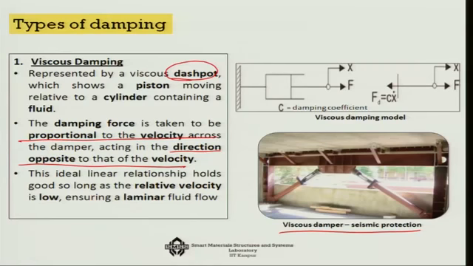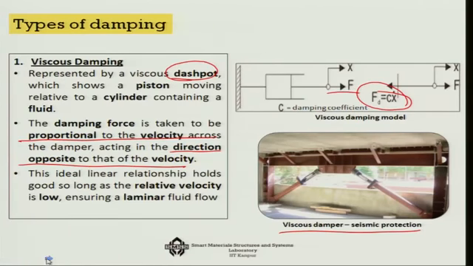So, if the direction of force is this way, then the damping comes as an opposing force. Okay. It is opposing the direction of the velocity. And so, this is very important in terms of the viscous damping model.